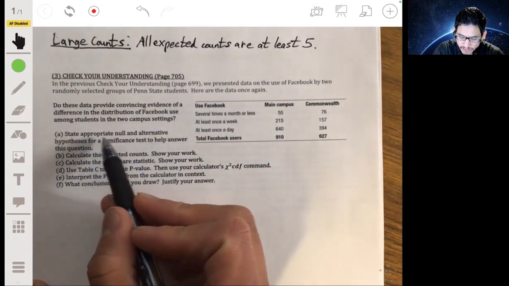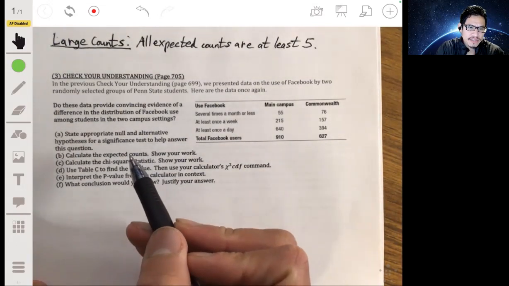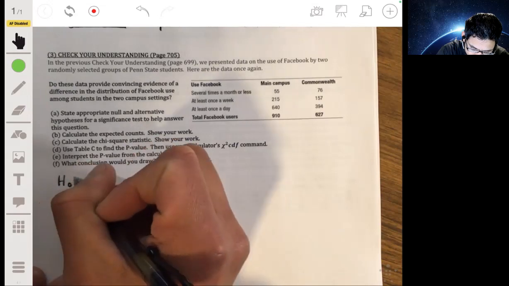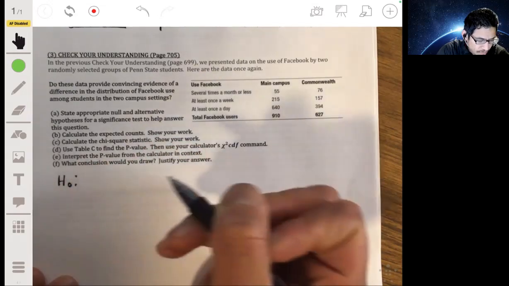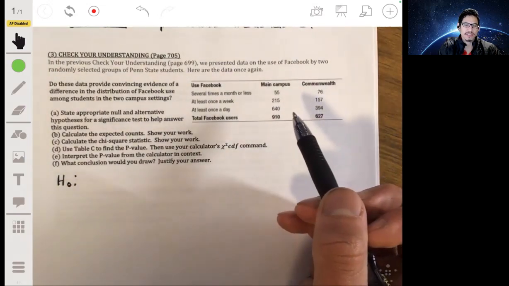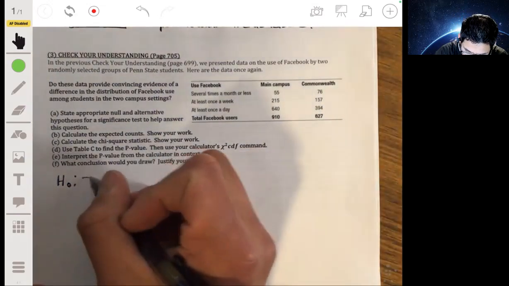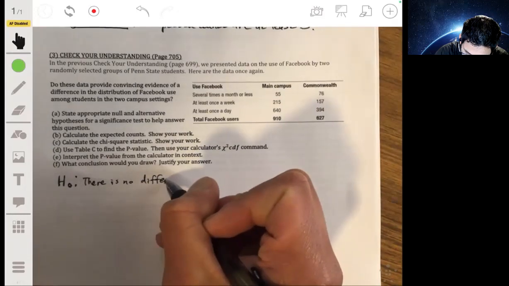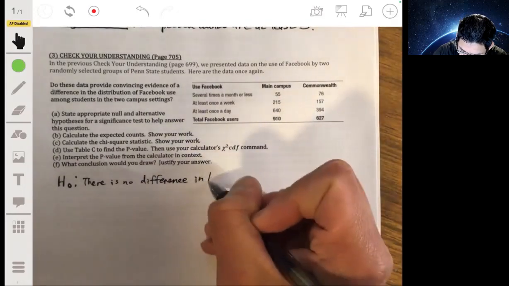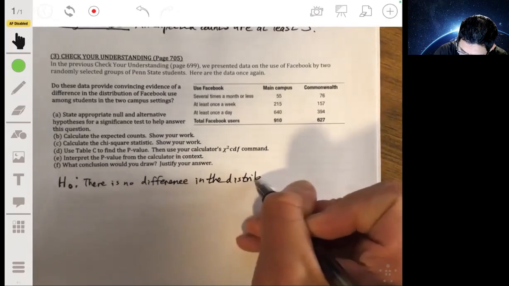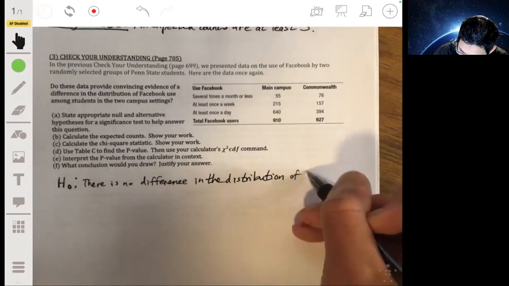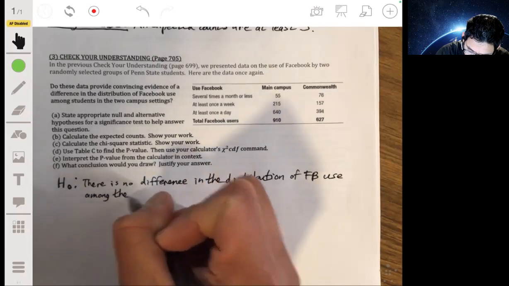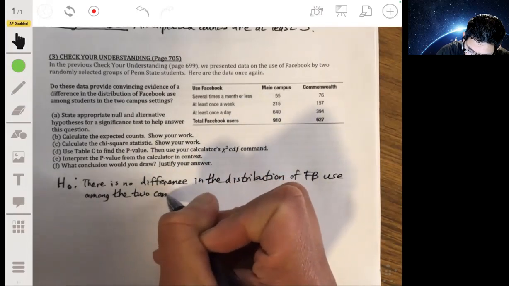So part A, we're going to state first the null and alternative hypotheses. Our null hypothesis, H0, will be that there is no difference in the distribution of Facebook use among the two campuses.